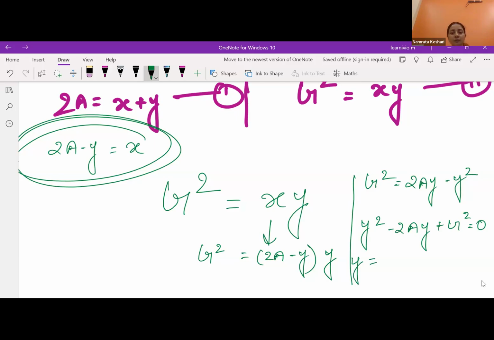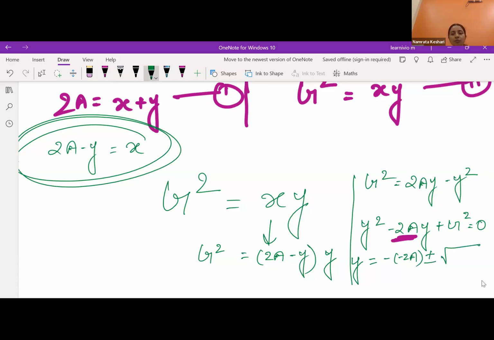That is minus b, that is minus of minus 2A. Are you understanding, your b is minus 2A, and your c is capital G square. So minus b, now I will write plus minus under root b square.